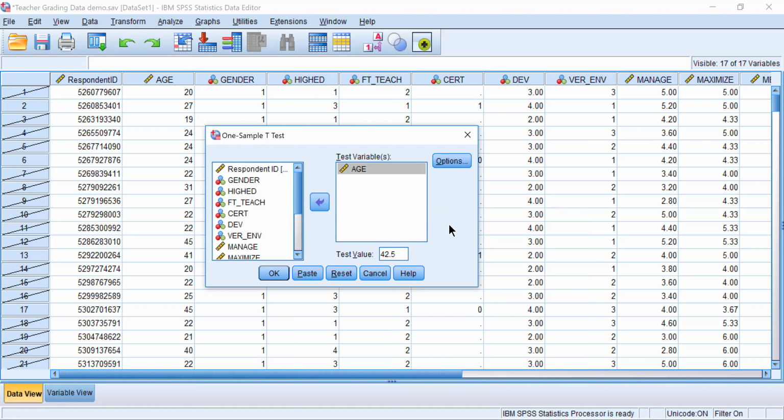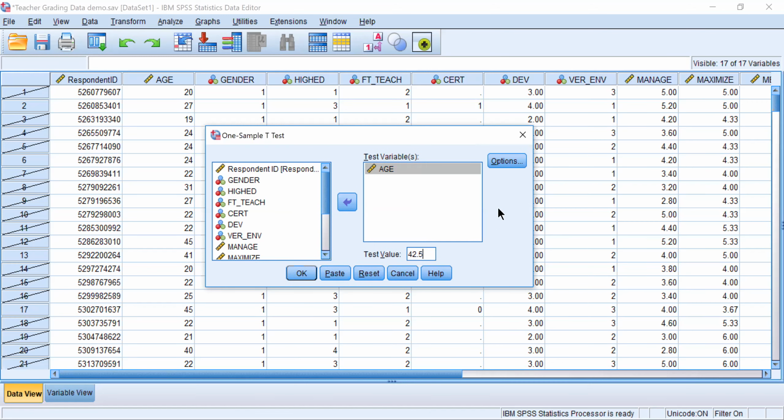So that's the value I'm testing against. Okay, the null hypothesis is no difference between my sample mean and the population mean. The sample mean represents mu, and the alternative hypothesis is that the sample age is different from the population. I don't really have a preference for what direction the difference might be.